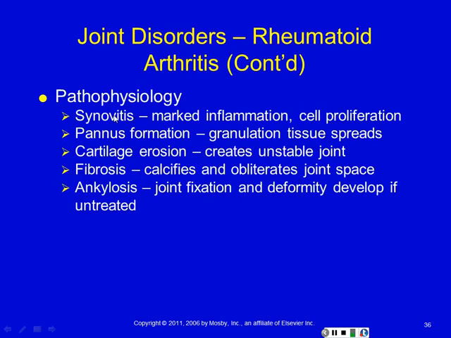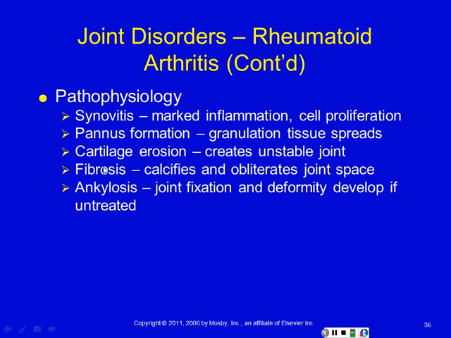So the principal pathophys here is inflammation. The immune system attacks the synovial membrane, which causes inflammation and cell proliferation. That serves to deform the joint. So extra tissue is laid down, and the joints start to get swollen and big, but still hard.